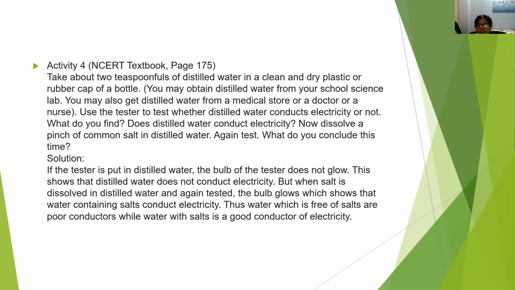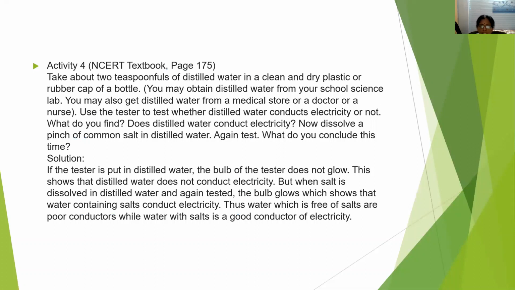Now what we have to do is dissolve a few pinches of common salt in the distilled water. Again we test whether, this time, the distilled water mixed with salt conducts electricity or not. Now what do you conclude from this activity? If the tester is put in distilled water, the bulb of the tester does not glow. So this shows that distilled water does not conduct electricity.